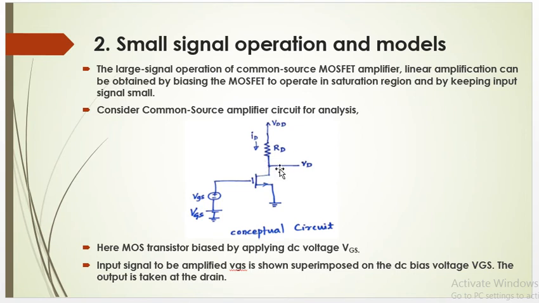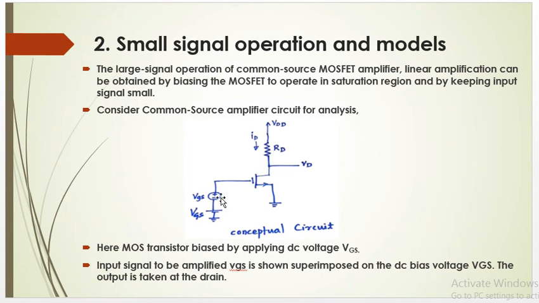The voltage at the drain terminal, since the source terminal is connected directly to ground, and at the drain you are taking the output, I can refer to this as VD or VDS. Input we are giving at the gate terminal, we are referring to it as VGS. The voltage at this point VD is given by VDD minus the current flowing through RD.